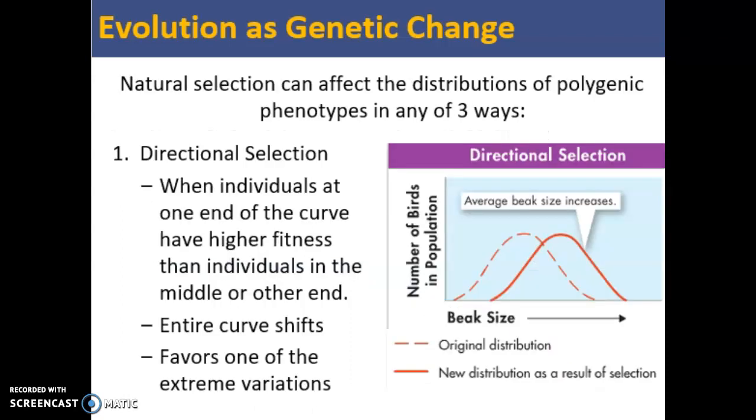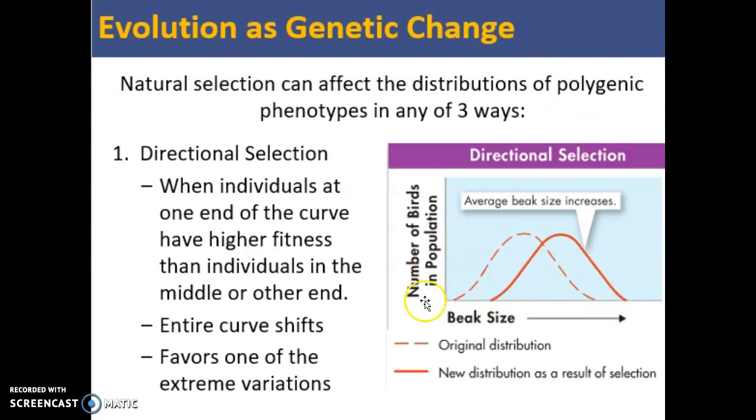So, the first way that polygenic traits can be affected by natural selection is something called directional selection. Right? This is when individuals at one end of the curve have higher fitness than those in the middle or the opposite end. Right? So, here we have bird beak size. Right?